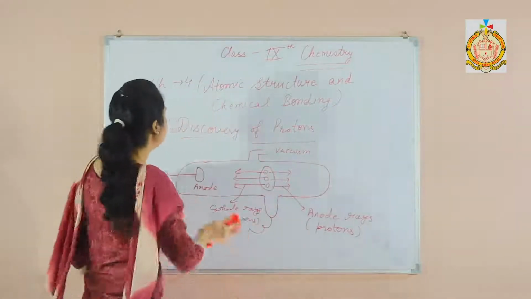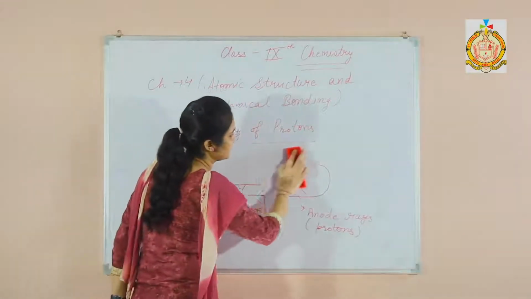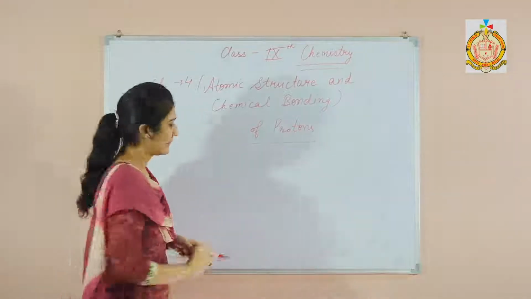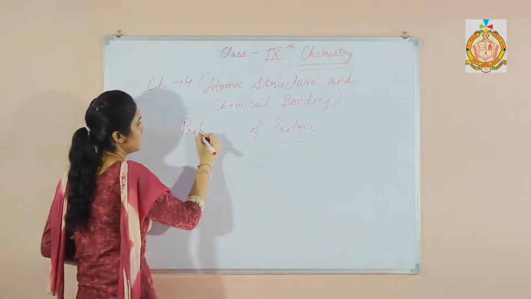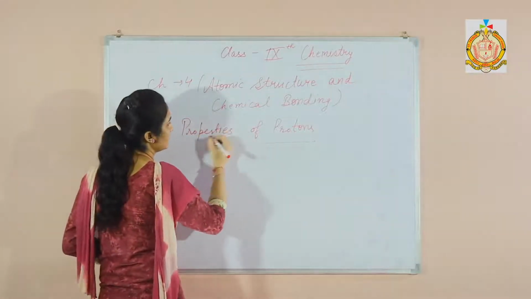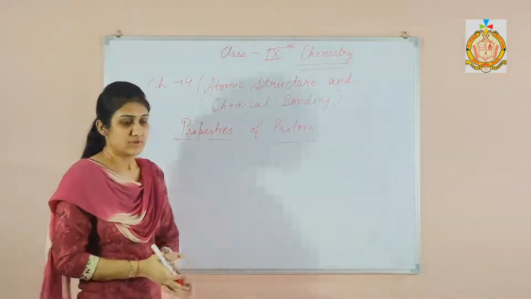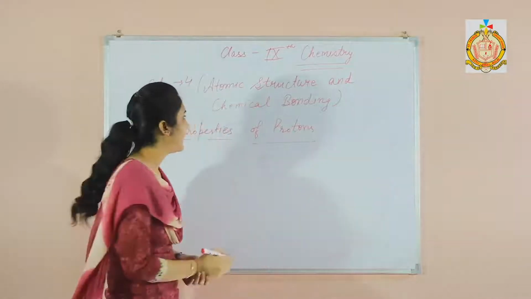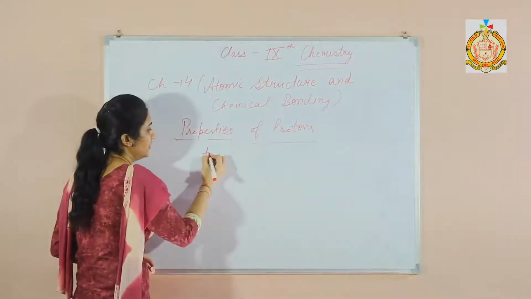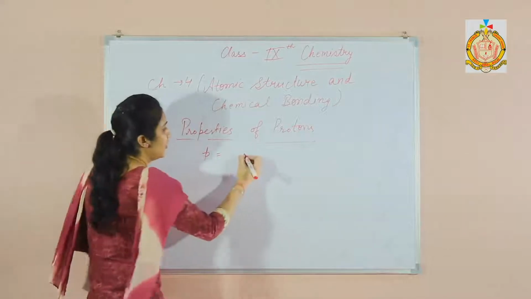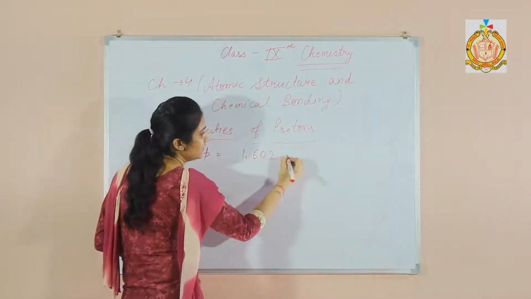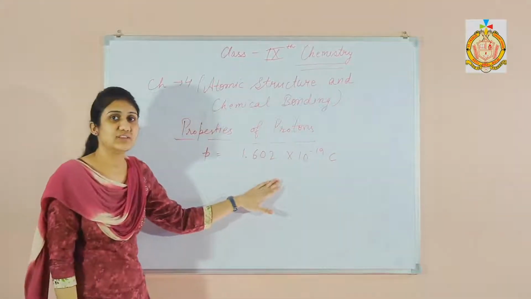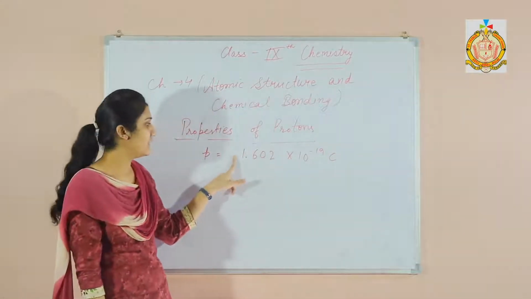And now we shall discuss the properties of protons. Students, protons carry unit positive charge. Proton has a charge of 1.602 into 10 raised to power minus 19 coulomb. It is the same as the charge of the electron, but with a plus sign.